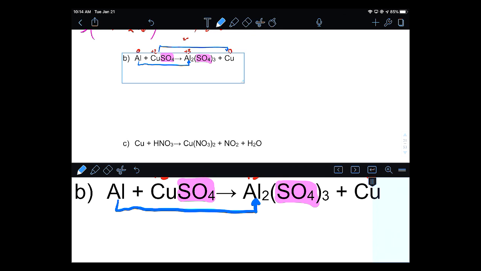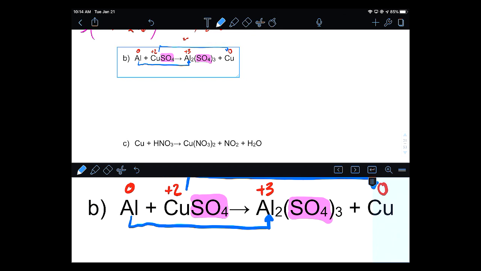So when the number increases, that's oxidation. When the number goes down, reduction. I sometimes go with the down first because down and reduce makes sense, it fits together. Or if you think about it like a number line, from negative going to positive, it's an oxidation.